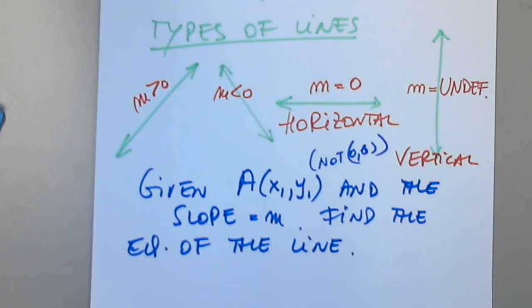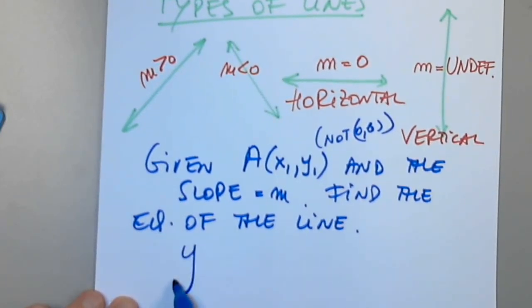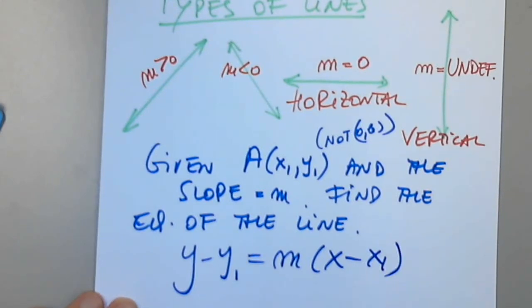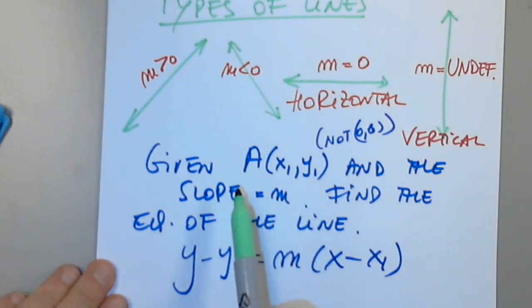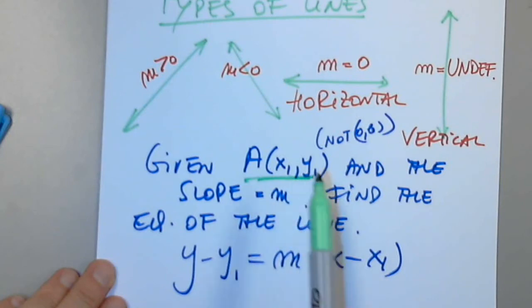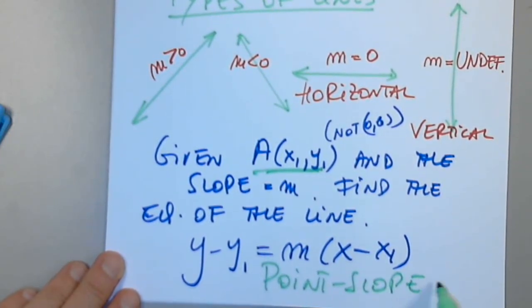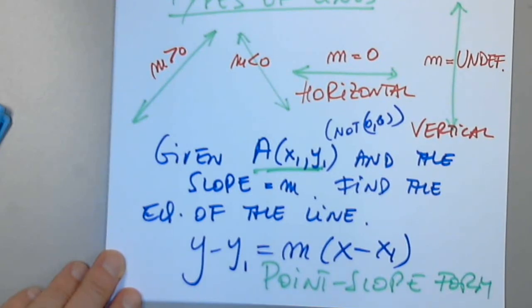So there is another equation that we will be using, which is y minus y1 equals the slope times x minus x1. What is the name of this form of an equation of a line? Point slope form. Indeed, this is the point slope form.